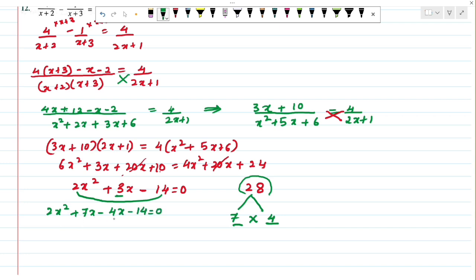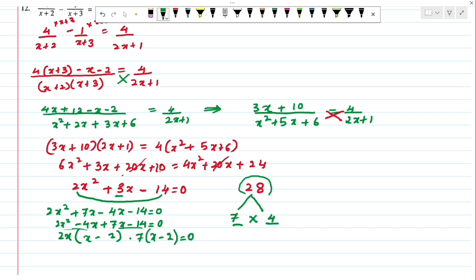So I'll shuffle this. If I shuffle this, it becomes 2x square minus 4x plus 7x minus 14. Why I have shuffled here is it will be easy for us to take the common terms, right? So 2x, I have to take the common from these two terms and common from these two terms. So x minus 2, and here 7 is common, again it becomes x minus 2, which is equal to 0.